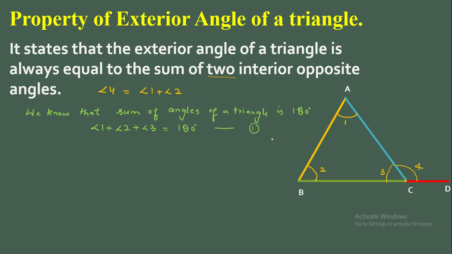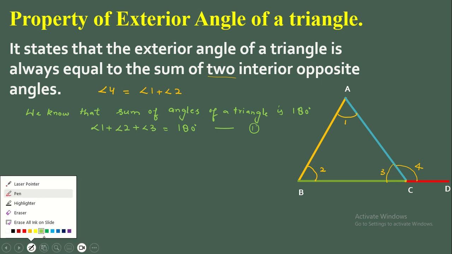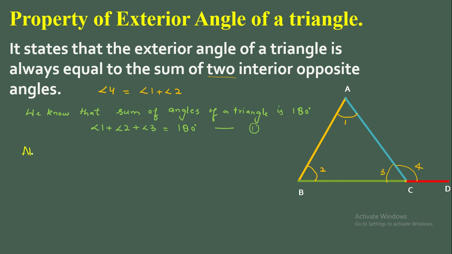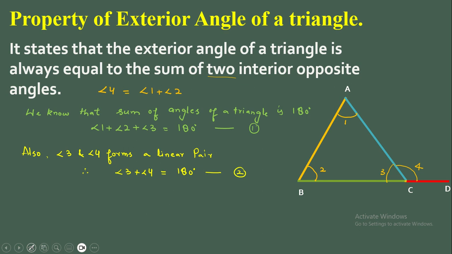Let's write this as first. Also, here we can see that angle 3 and angle 4 form a linear pair, and by the linear pair axiom we know that the sum of a linear pair of angles is 180 degrees. So we can say that angle 3 plus angle 4 is equal to 180 degrees. Let's write this as equation second.